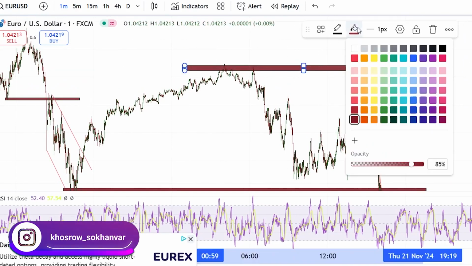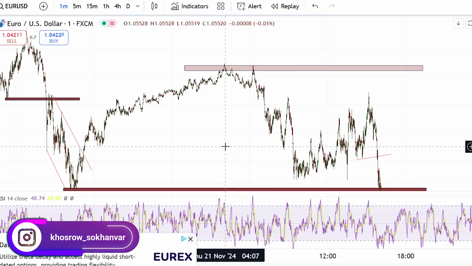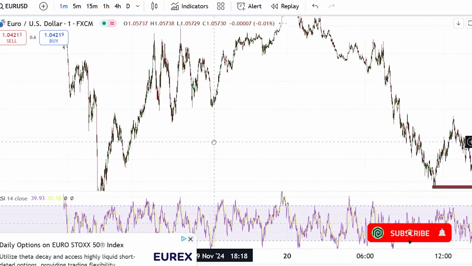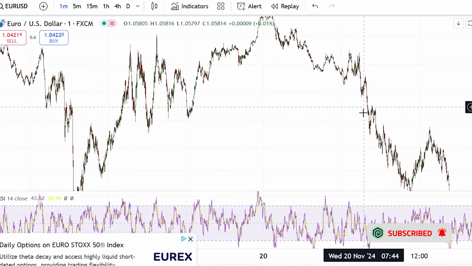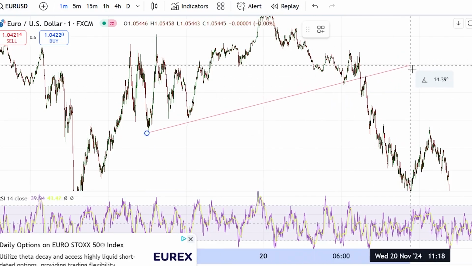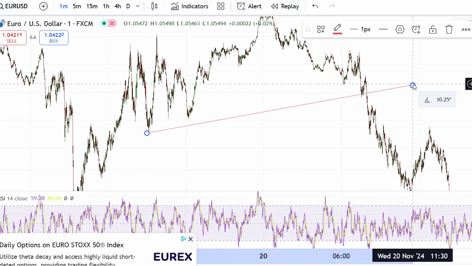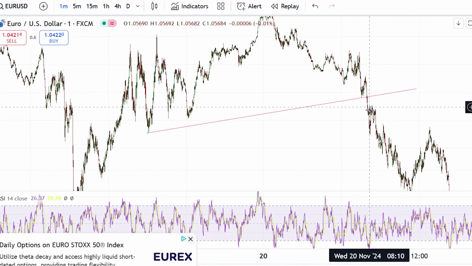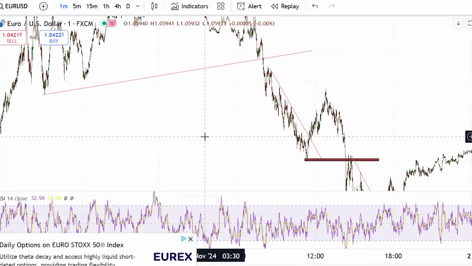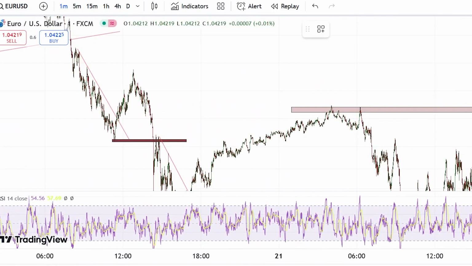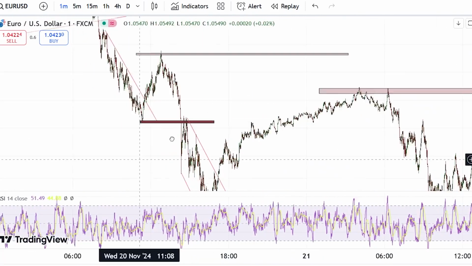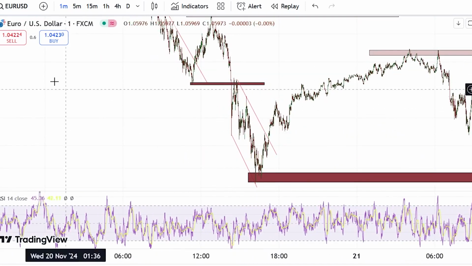Again, I have a spike here. If I draw a trend line in here, then extend it more. Here there is a spike, channel, and trading range, which has been broken by this spike.